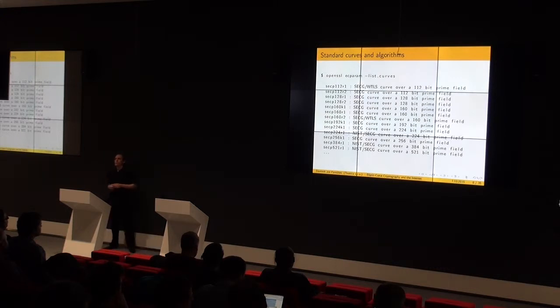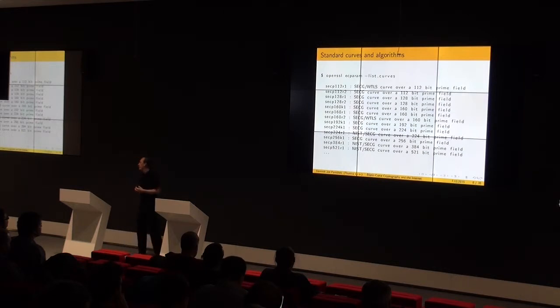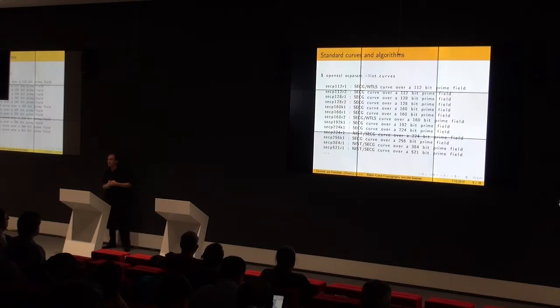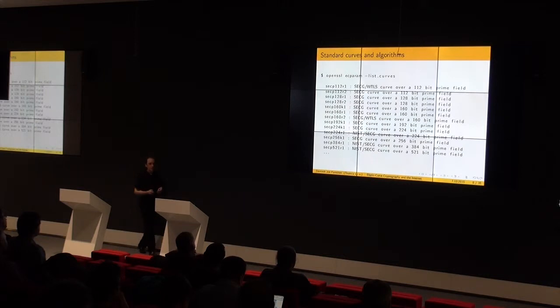If you are wondering what WTLS means, it was a standard called wireless TLS, which is now superseded by WAP2. But it doesn't matter, the curves got standardized and can be used in both certificate generation and signing. You can also have ECC-based certificates, or use them in TLS connections, in the key exchange stage.